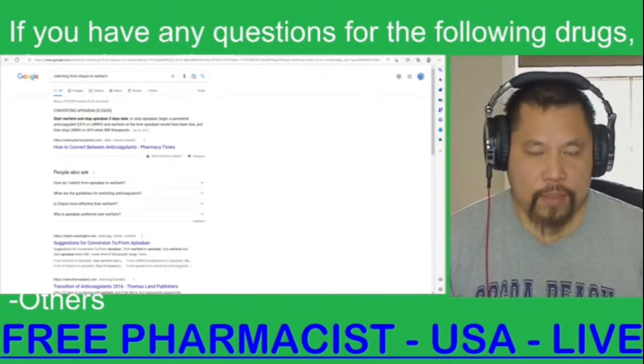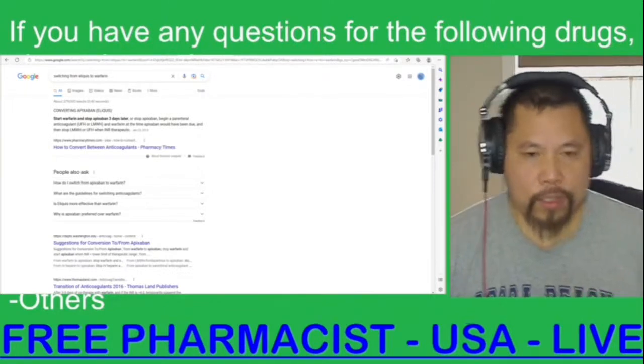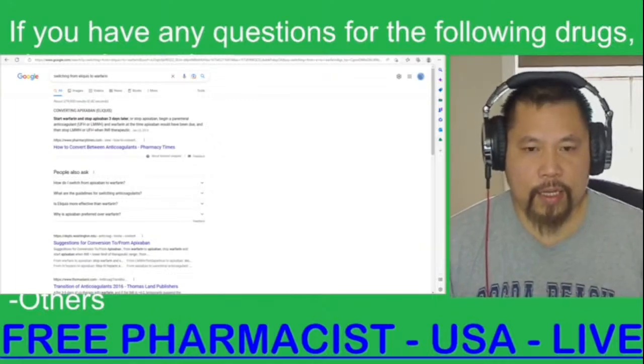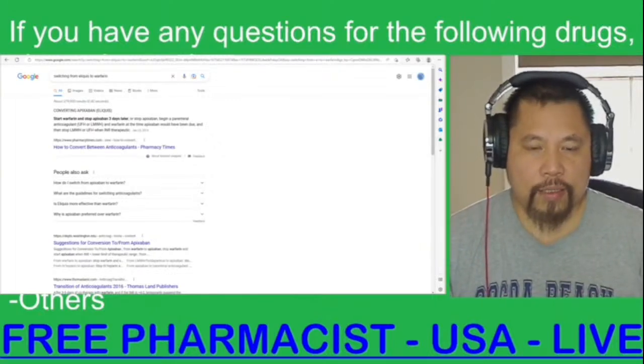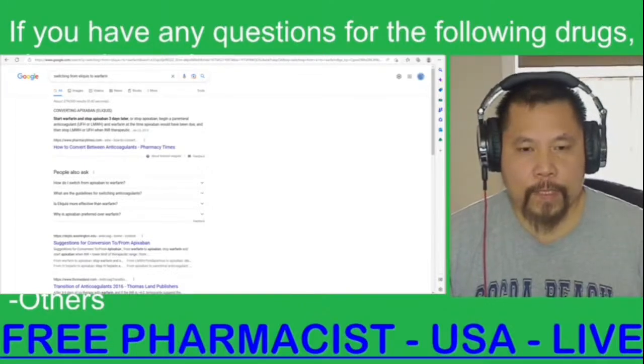But how about if the INR level at the baseline is very high, like 1.2 or 1.3, and you need to stop Eliquis maybe a few days or so.